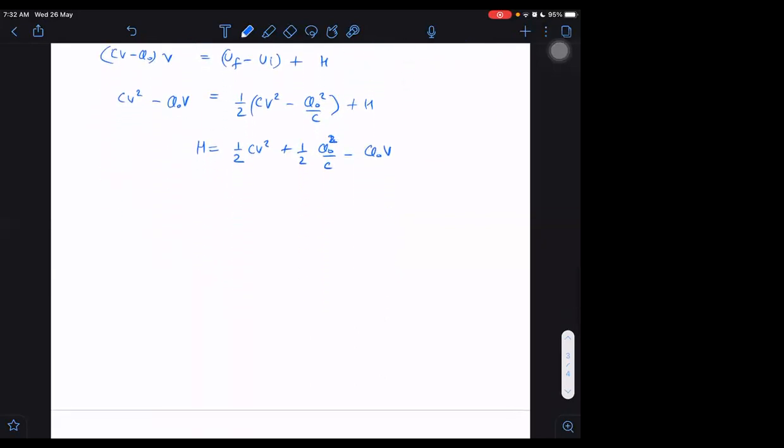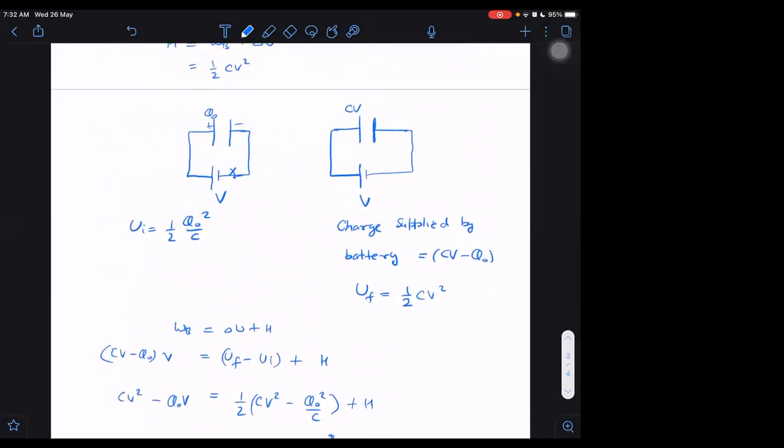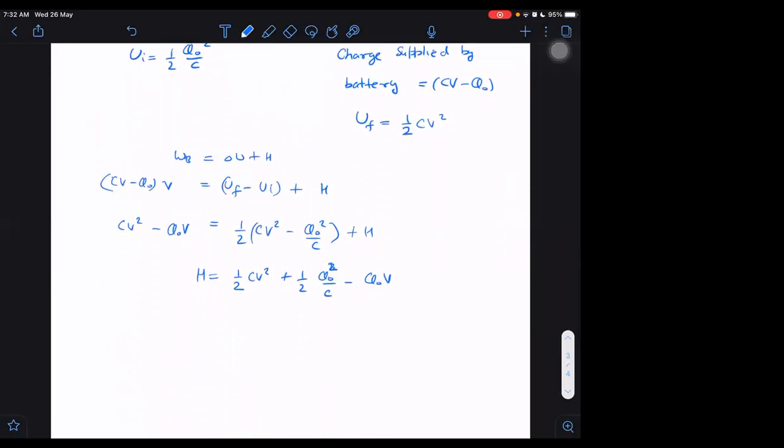That only, I think, but I was expecting it to be somewhat simplified. Anyway, it can be simplified, sir. Half (CV minus Q naught) whole square by C. Let me check once again. C is in the denominator, I think you got it right.